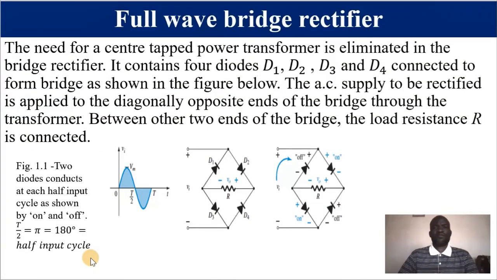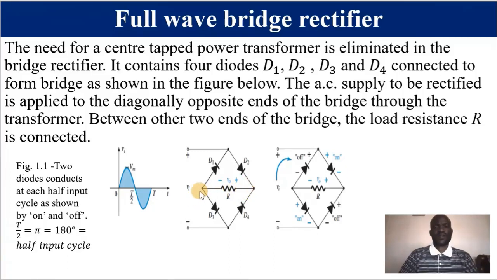The full-wave bridge rectifier does not make use of the center tap transformer. It contains 4 diodes, and according to our circuit diagram, they are numbered D1, D2, D3, and D4, and they are connected as a bridge, as you can see. We've got a load resistor that is connected between these 2 terminals.